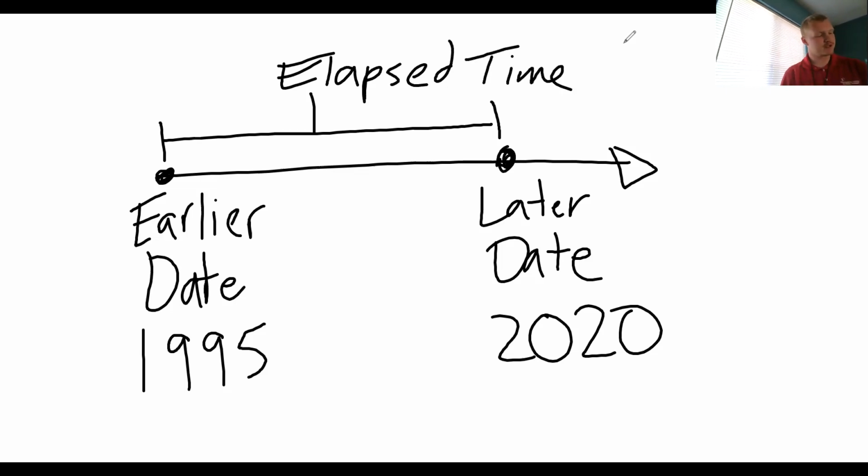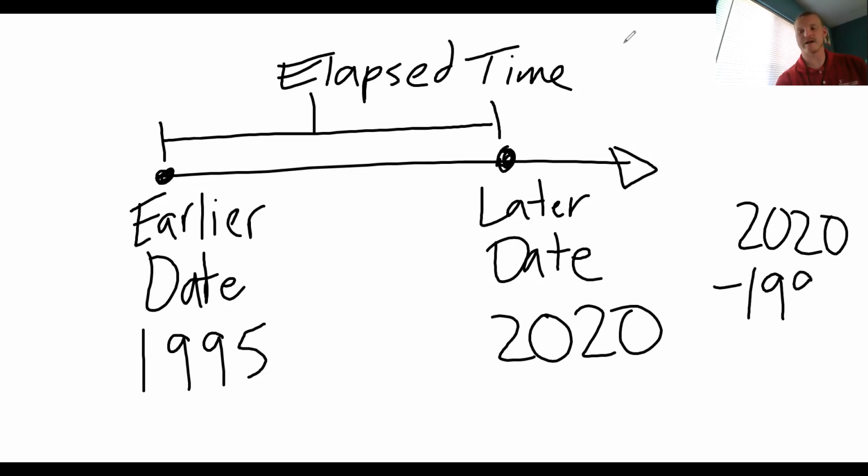So you will take today's date, or whatever you're solving for, 2020, minus when I was born, 1995. So how old am I? Yeah, Brady? So I gotta borrow. I am 25.